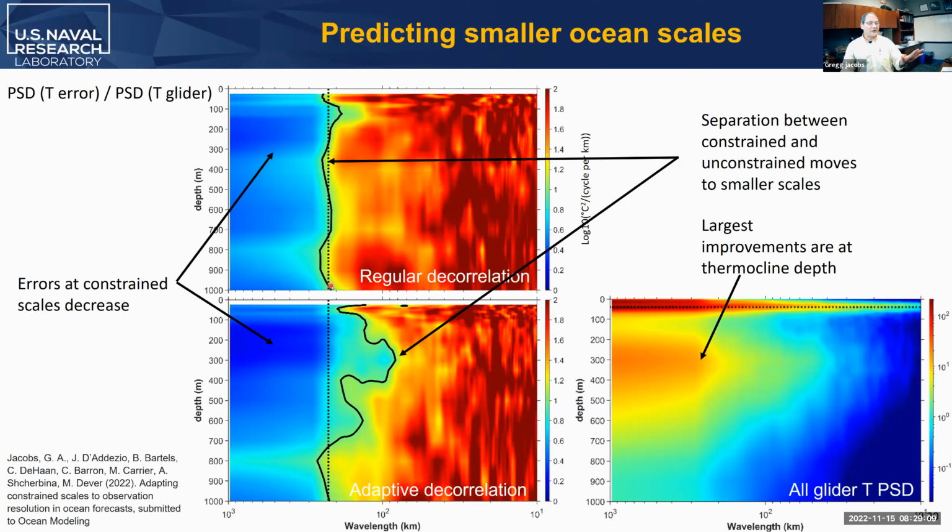And just coincidentally, that turns out to be about 220 kilometers. When we use that adaptive scale, the scales at which we have skill go down to about 80 kilometers, not too different from the 100-kilometer quarter power point we chose. And the depths at which that reduction is occurring is mainly around the high variability at the thermocline depth that was observed by the gliders.